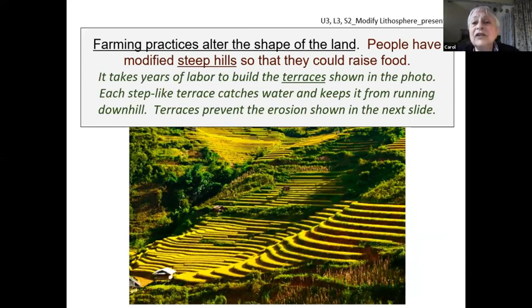It took years and years of labor to build the terraces. Each terrace catches water and keeps it from running downhill so that the plants inside that particular level, that stair step, can be nourished and grow. And in the meantime, we don't have water running down this steep hill and causing gullies and tearing away the soil.